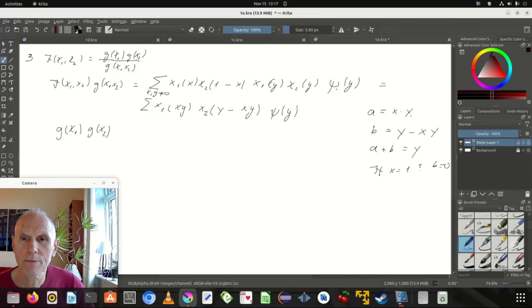If xy lies in the multiplicative group, then so does a. B does not necessarily. So I'd like to know if we can go the other way around.